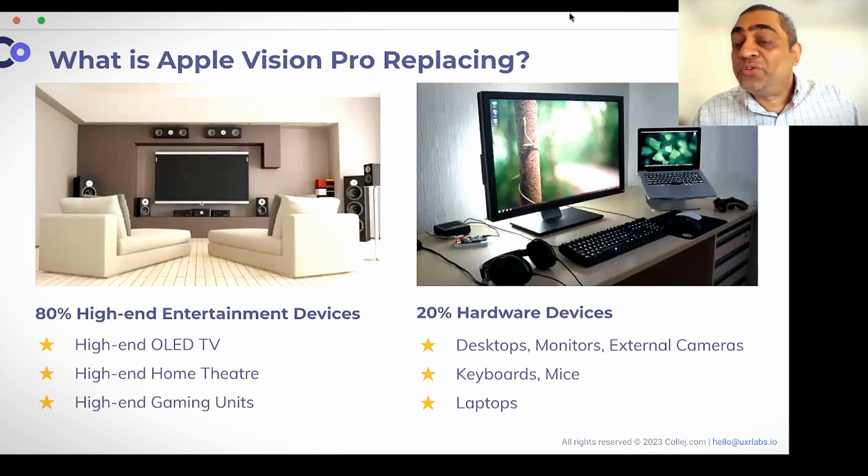So privacy issues do not exist anymore because you're not expected to wear this and walk around in the streets. You're basically either sitting in your office and using this device, or you are sitting at home and you're working or getting entertained. Okay, so it is an entertainment kind of an experience in the privacy of your home or your office. Okay, that is a huge deal, and there is a clear use case for that.